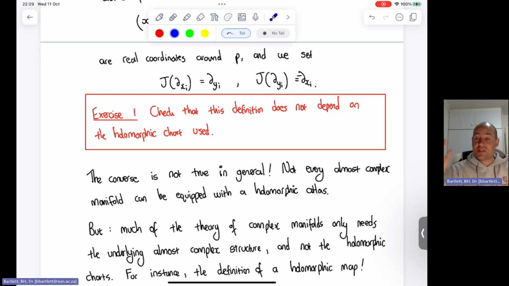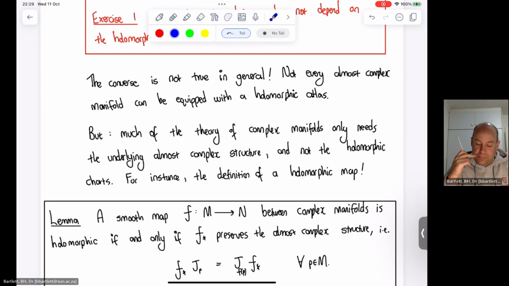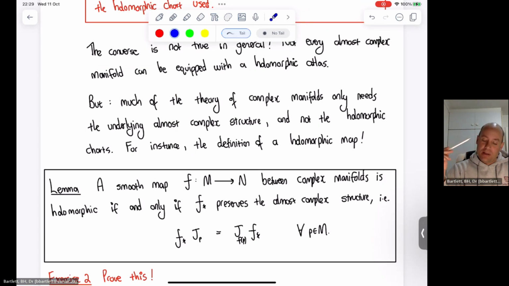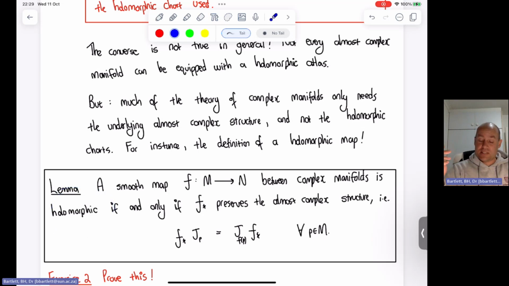So for example, take the definition of a holomorphic map. We can prove this lemma: a smooth map between complex manifolds is holomorphic. Remember, in our previous definition, that meant you had to go to charts and check that it was holomorphic in the charts, so being holomorphic had to do with the charts.